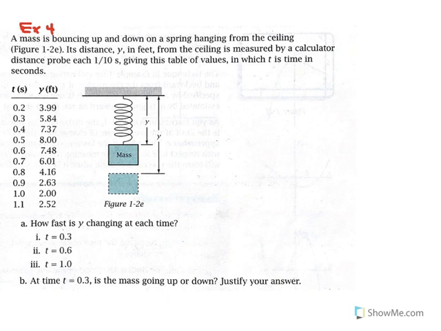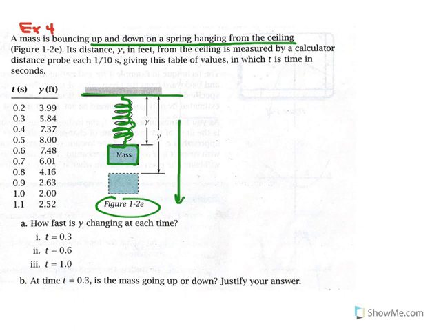So here we're looking at example 4, and example 4 reads, a mass is bouncing up and down on a spring hanging from the ceiling. When we look at the figure, here's our ceiling. We have a spring here, and attached to this spring is this mass, and this mass is bouncing up and down.